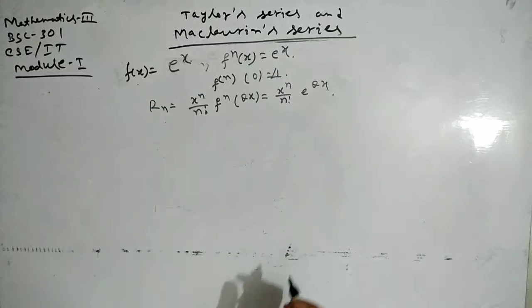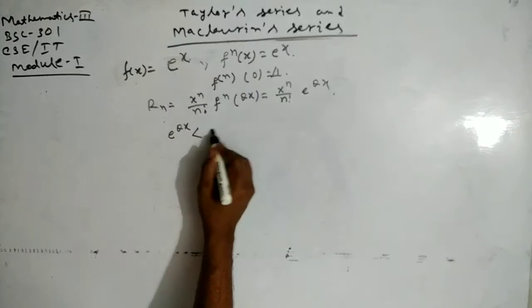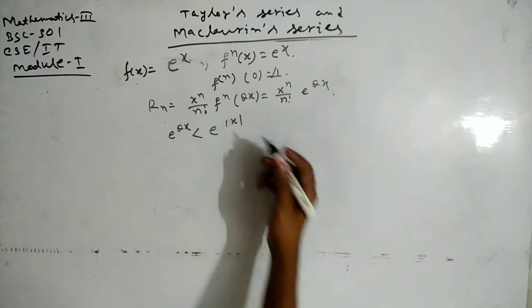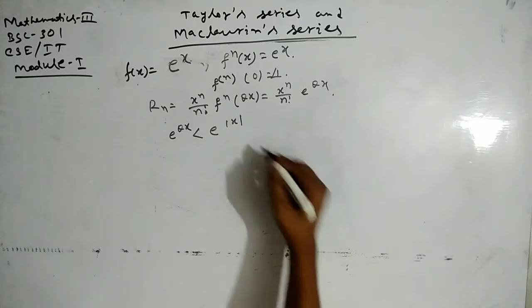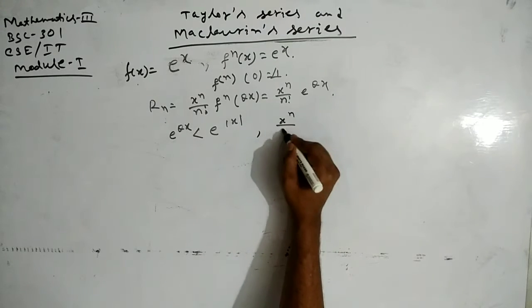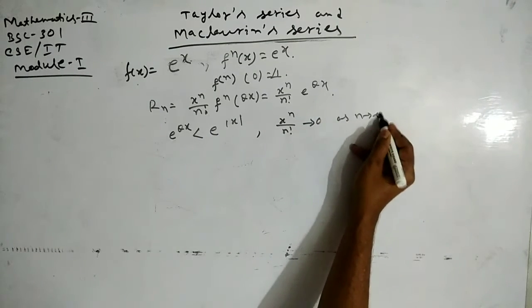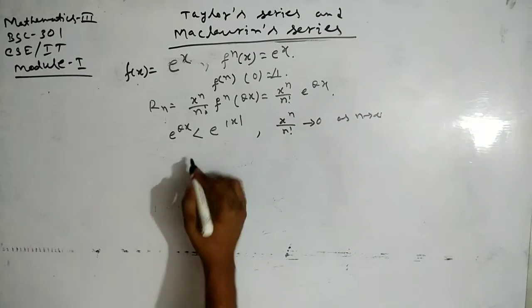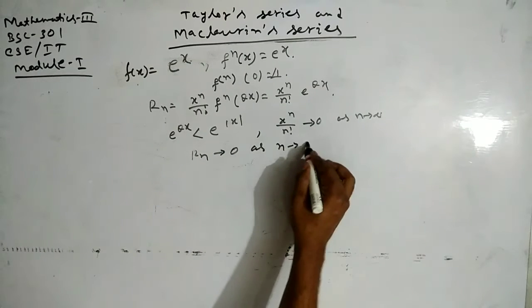Now we know that e to the power theta x is less than e to the power mod x, which is a finite quantity for a given x, and x to the power n by n factorial tends to 0 as n tends to infinity, therefore Rn will tend to 0 as n tends to infinity.